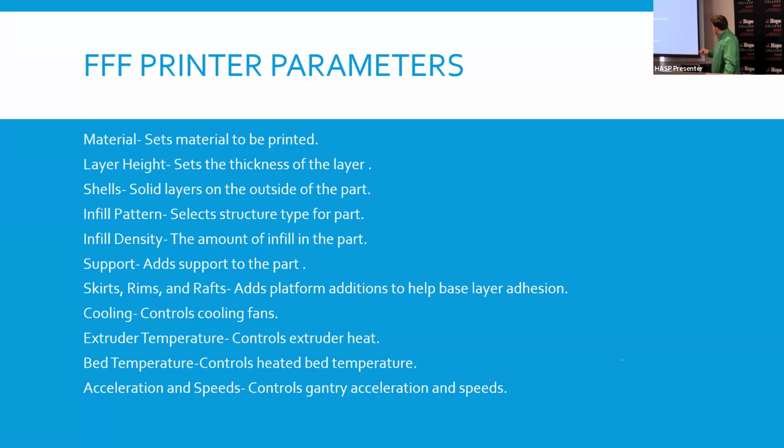Skirts, brims, and rafts. So when this is created, it has a heated bed that it sits on and adheres to. These help create a base layer adhesion to that, so it doesn't come off while it's printing.